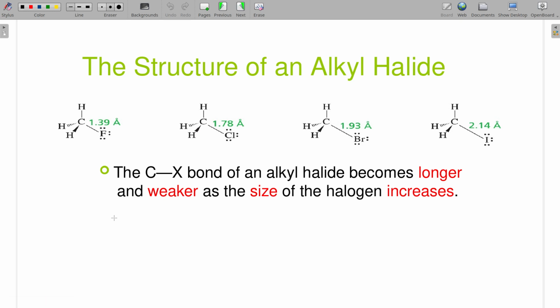That's going to drastically affect some of the properties. Mainly, it makes that bond weaker. So we're going to find that there are certain reactions that are very, very fast with iodine because of the weak bond, and we'll find some that are very slow with iodine for the exact same reason. So the strength of the bond is going to affect chemical reactions.